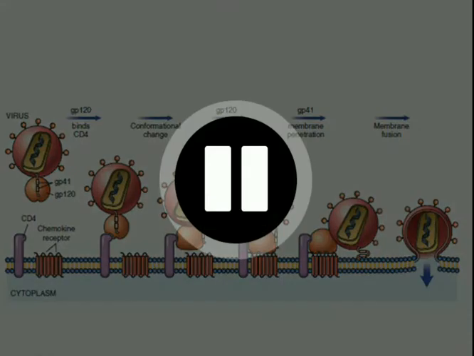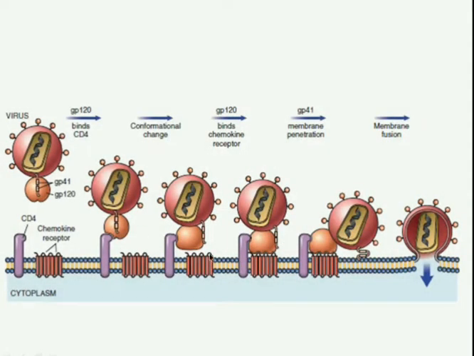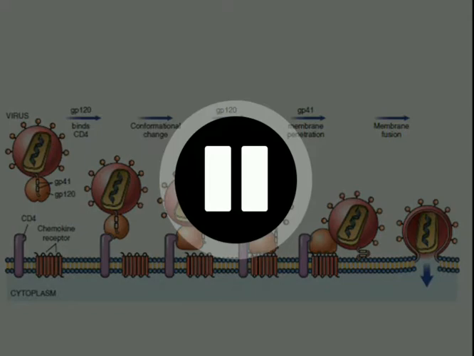So even if GP120 has bound to CD4, after the conformational change it has to bind to CCR5 or CXCR4. They have both defective copies of CCR5, so there is no CCR5, and they are immune to HIV.